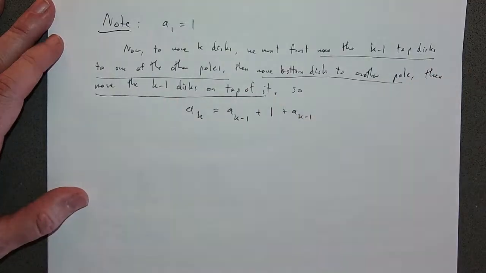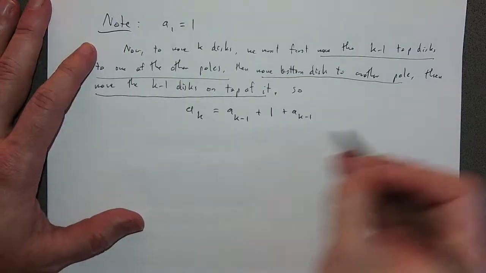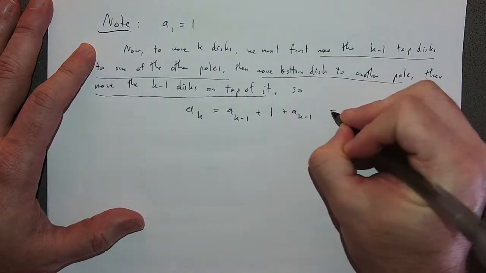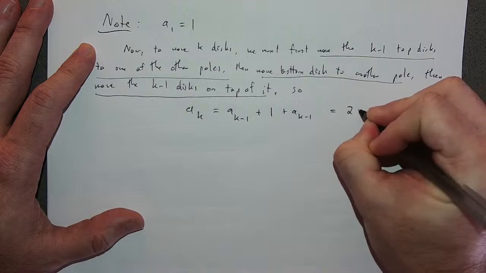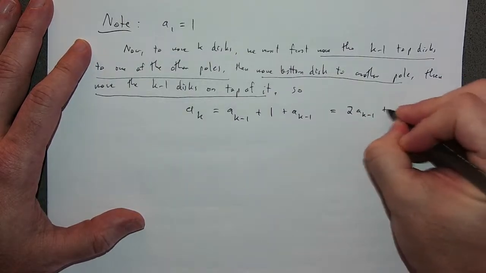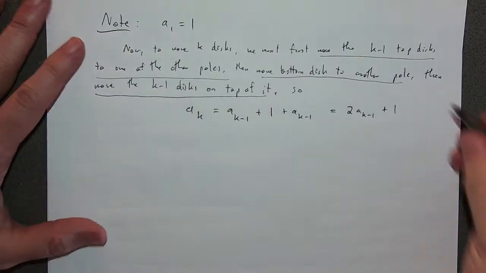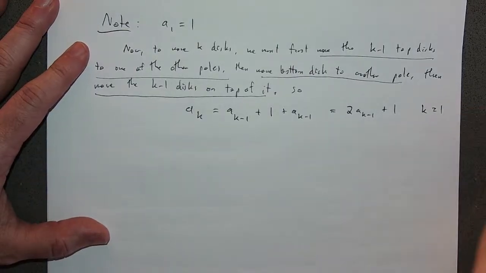It would be the same as the number of moves required to move it onto another pole; we just don't care that that bottom disk is already there. We can simplify this, of course, to 2 times a sub k minus 1 plus 1. And this is going to be true for k greater than or equal to 1.